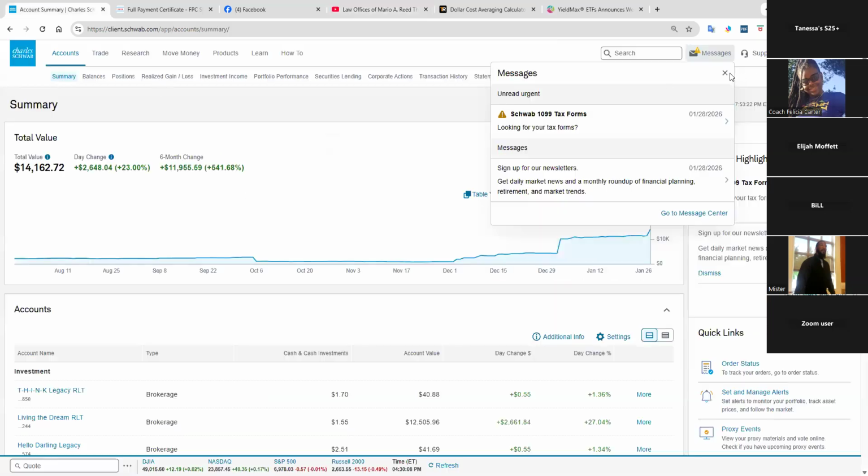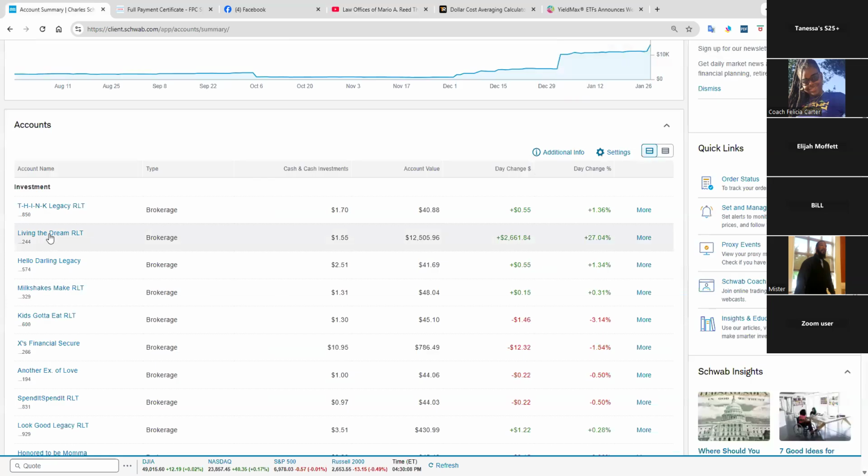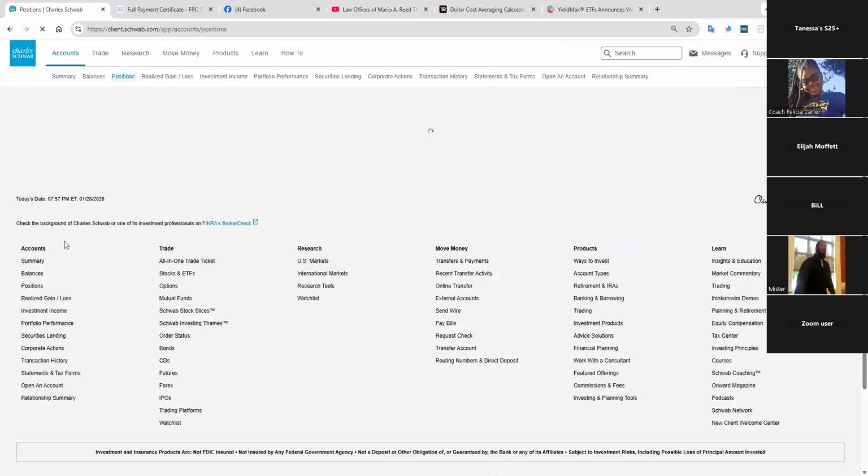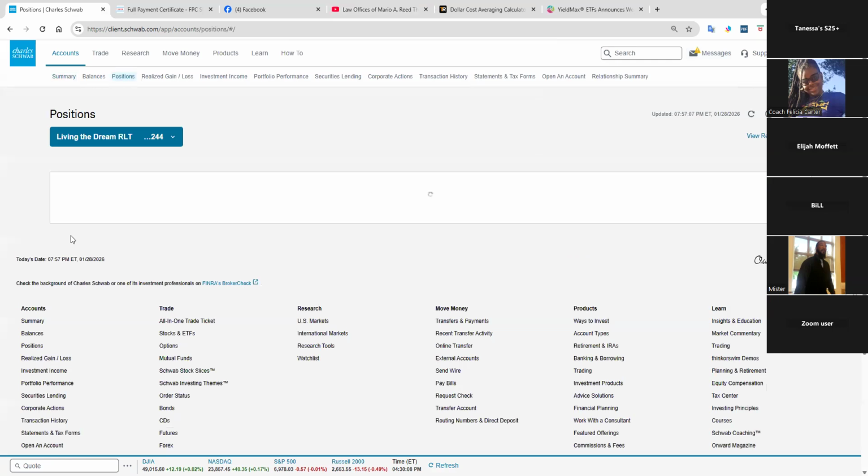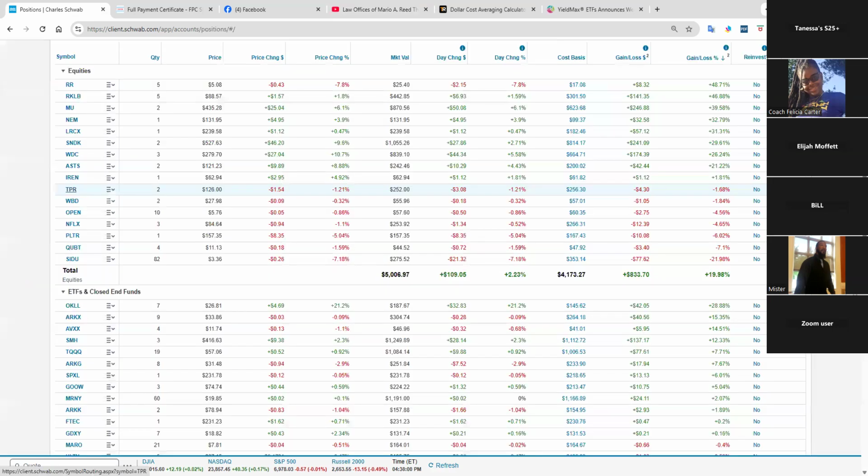Miss Lake, last night you asked about whether we would put up all of the different positions or put it in the group. Here it is. Right inside of the brokerage account, here are all of the different positions. I'm going to leave it up for a good while. Let me zoom out so we can get them all in.